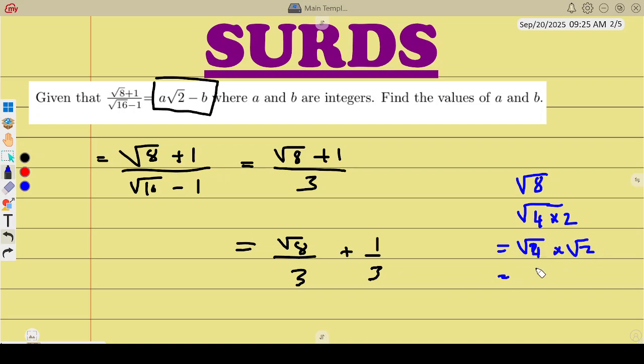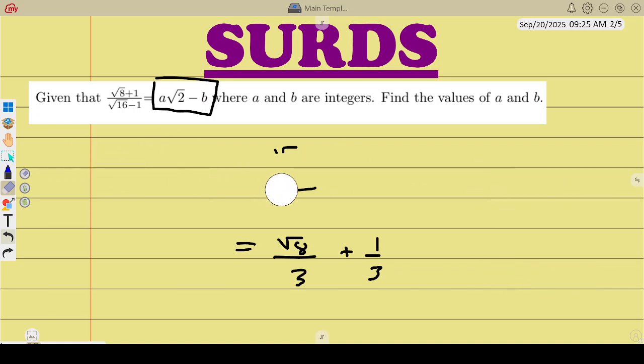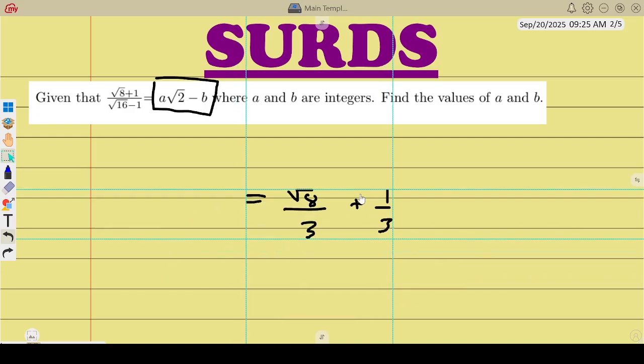What is the square root of 4? It is 2. So the square root of 8 can be written as 2 root 2. That's what we're going to do right here. I hope we're moving together.